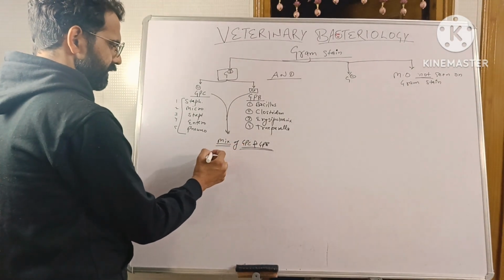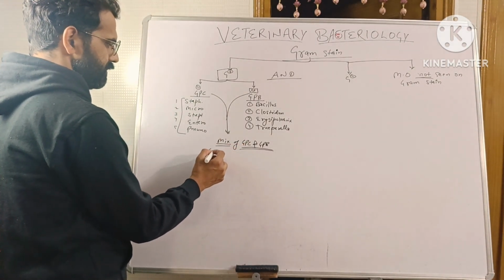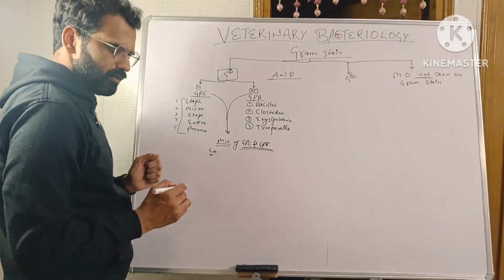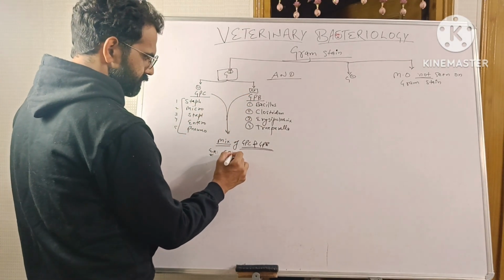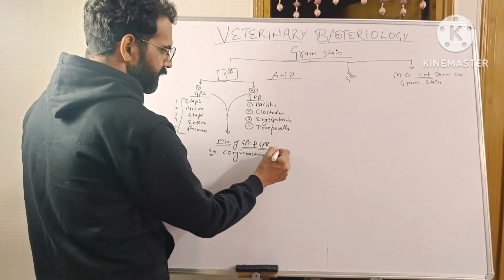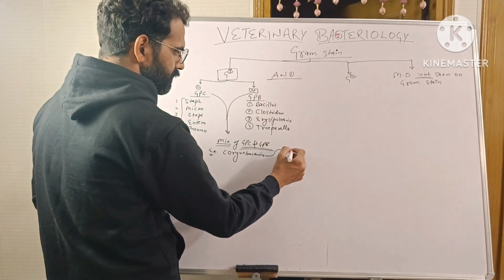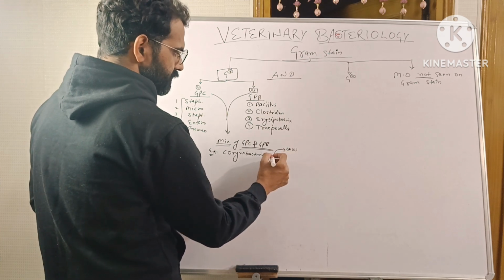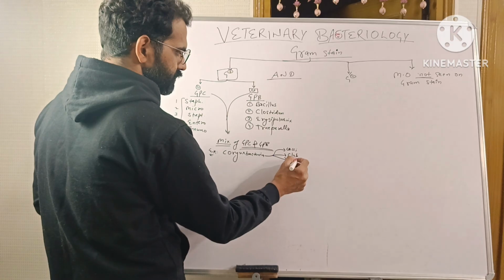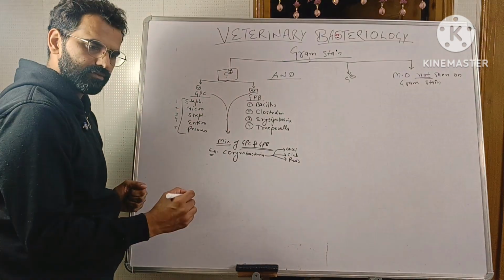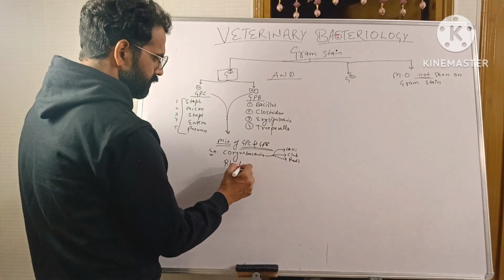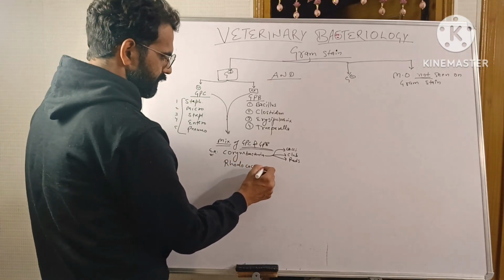Then we have some bacteria which have a mixture of cocci and rods. For example, Corynebacteria: some have cocci structure, some have club shape, and some have rods. They have a mixed form. Number 2, Rhodococcus equi.